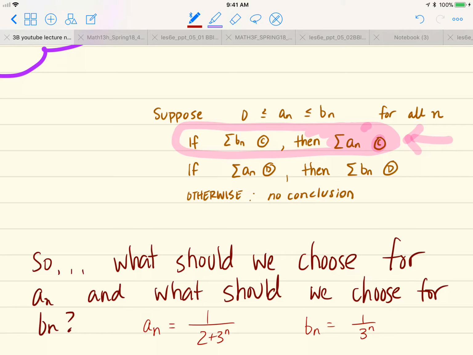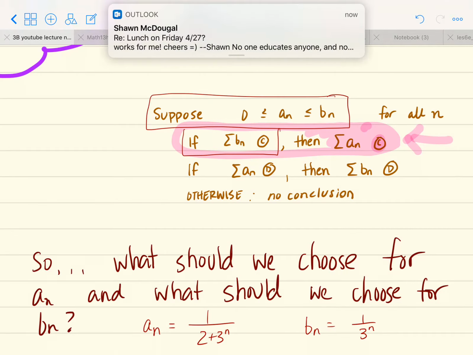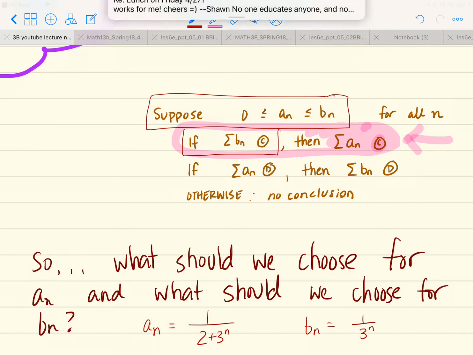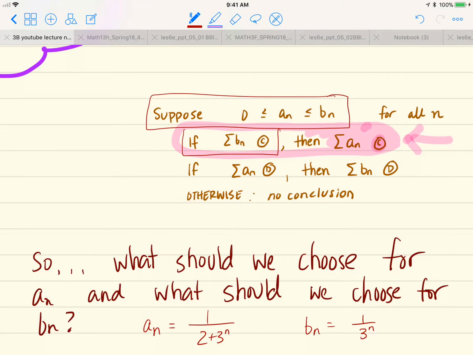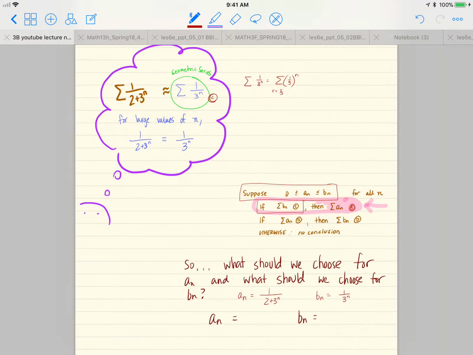So now we've got to verify the hypotheses here, which is that 0 is less than or equal to a sub n is less than or equal to b sub n. And then we have to verify that our series with the terms b sub n converges. And then we can conclude using the direct comparison test that our original series converges too.